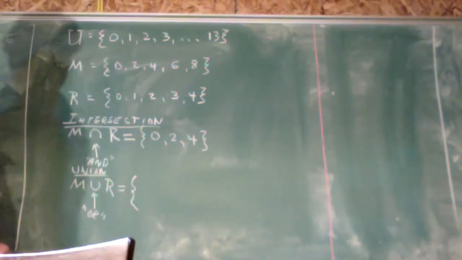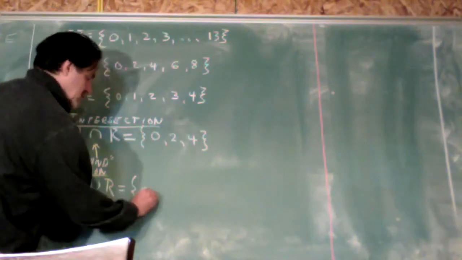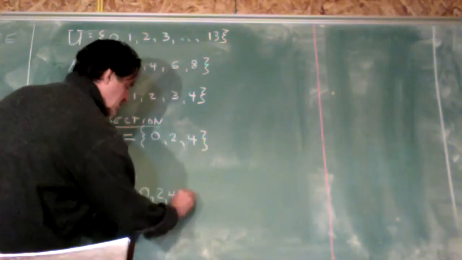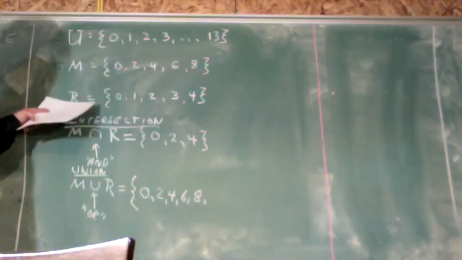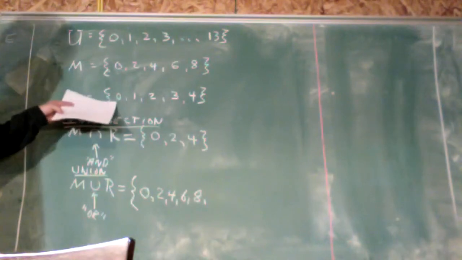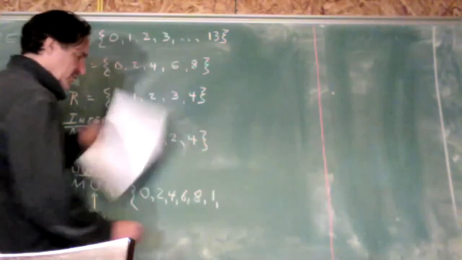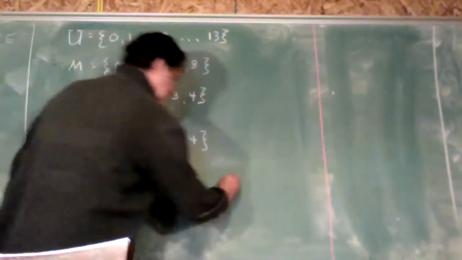Work through it, just listing them off. In M, I'm just copying all its elements, 0, 2, 4, 6, 8. I move to R. 0 we already have, 1 is new, 2 we have, 3 is new, 4 is already contained.